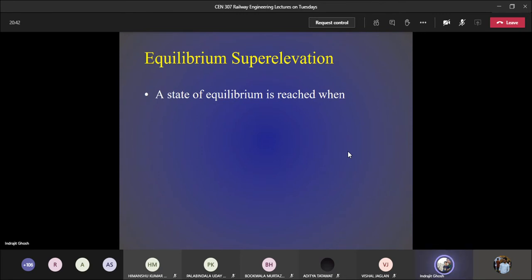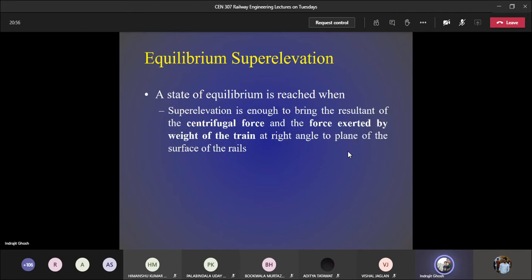Now there is a term known as equilibrium super elevation. Later you will hear a term called equilibrium speed. Equilibrium is a condition where a train is negotiating a horizontal curve. It has a center of gravity through which the centrifugal force is working, leading to the radial acceleration, and through the CG the weight of the train is working in the downward direction.